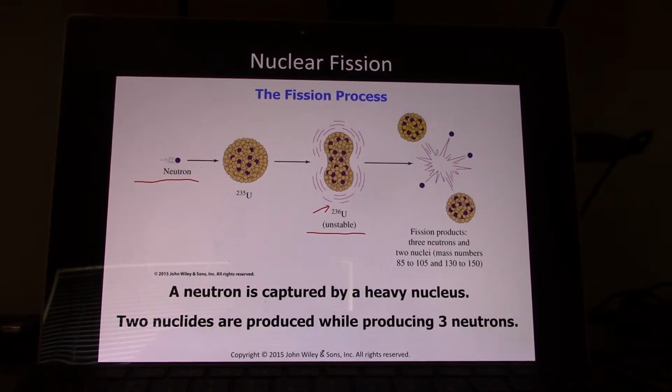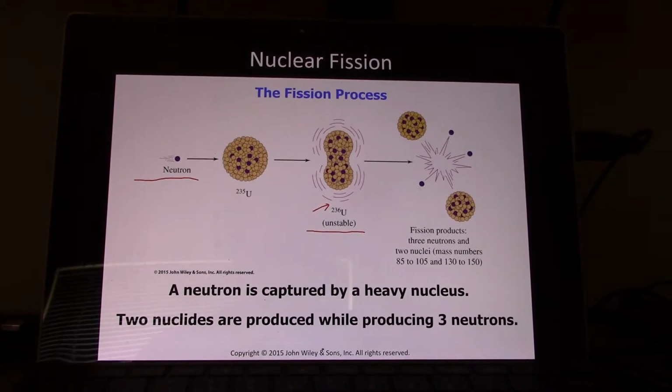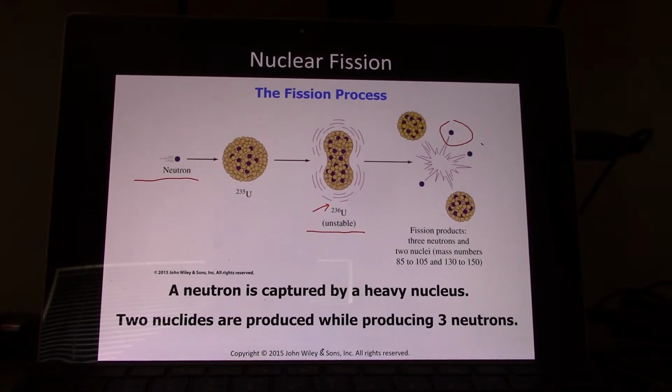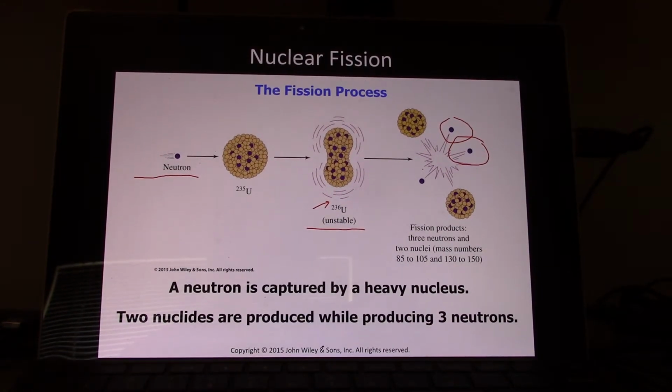Our fission products are 3 neutrons, which will go off to split other uraniums, and you'll have two nuclei coming from this. Mass numbers are anywhere from 85 to 105 for one, and from 130 to 150 for the other. So it's not the exact identical products each time, but they're within this range.